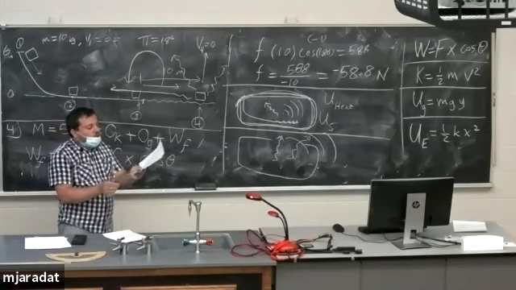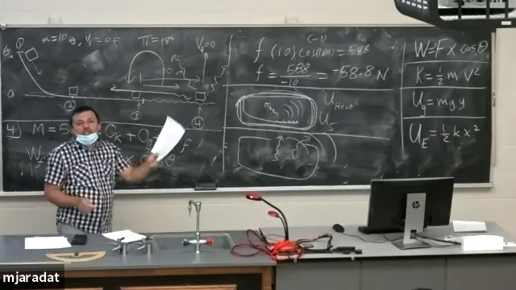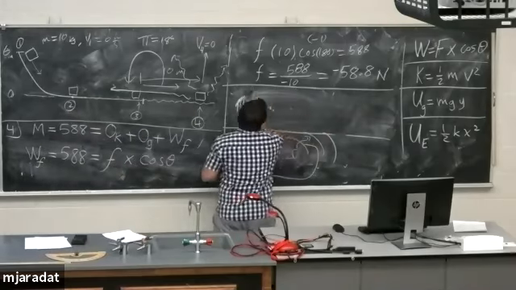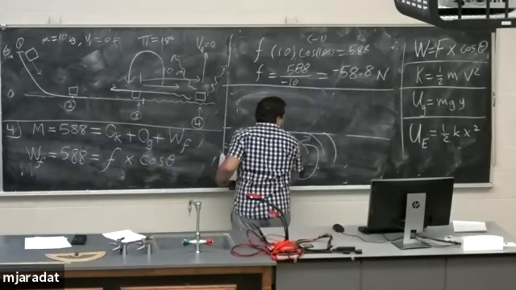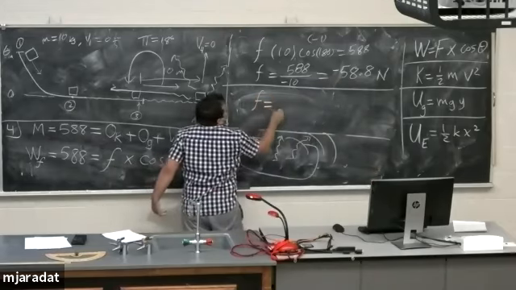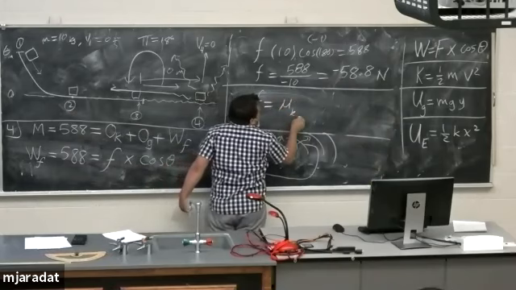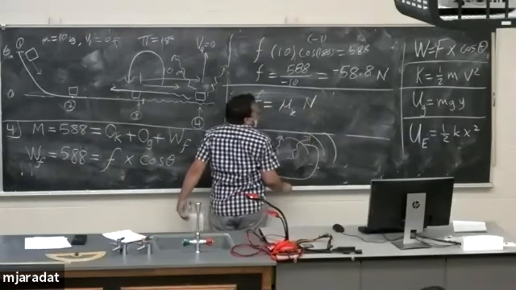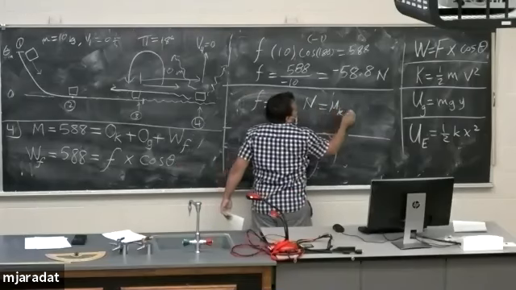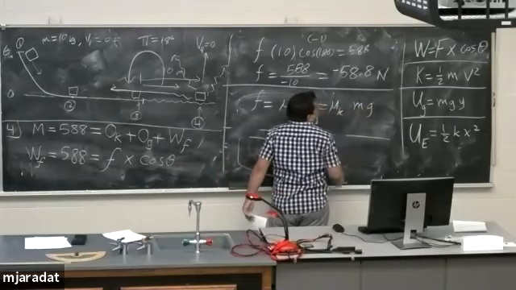What if I ask you to find the mu k, which is the friction coefficient? It's simple. As you see here, we find F, but we know it is equal to mu k multiplied by the normal force. The normal force is mg.